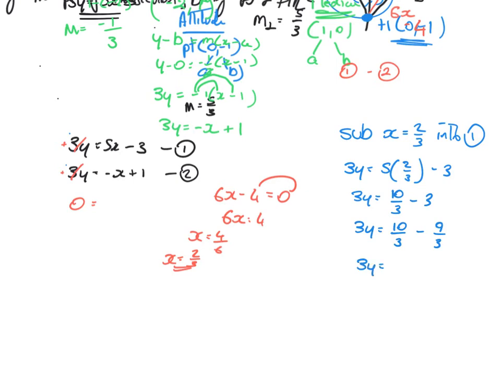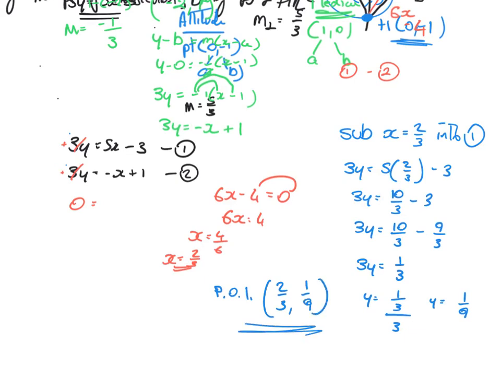So 3y equals 10/3 take away 9/3 is 1/3. I then bring the 3 down, divide, so I've got 1/3 and I divide into 3 bits, means each bit then is 1/9. So then I communicate my result: point of intersection is (2/3, 1/9).